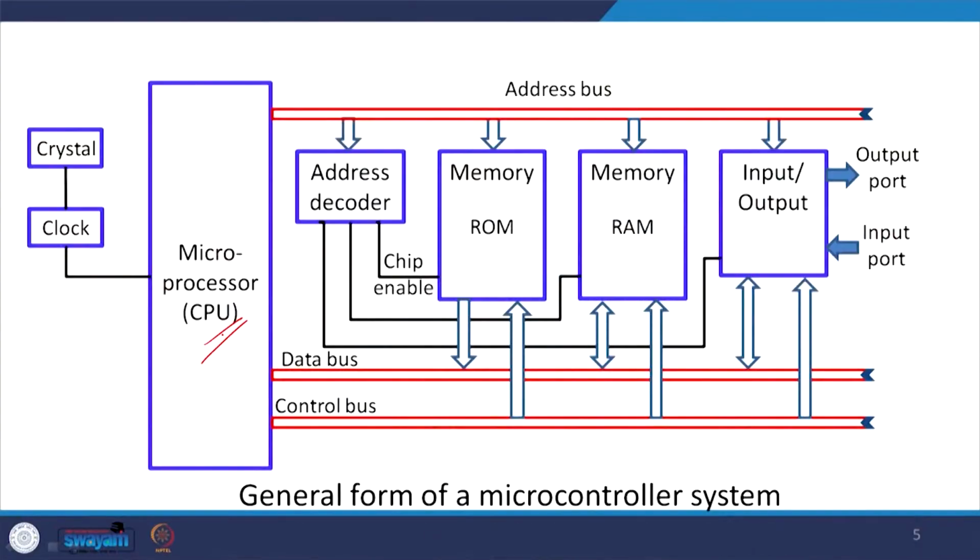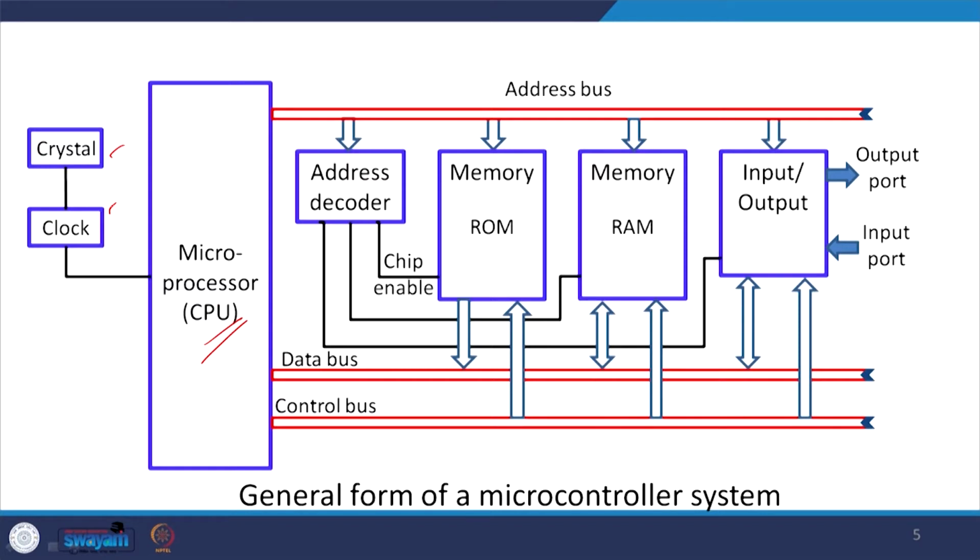So, let us look at the general form of a microprocessor system, where we have a microprocessor, or what we call the CPU, that is, the CPU uses the microprocessor.